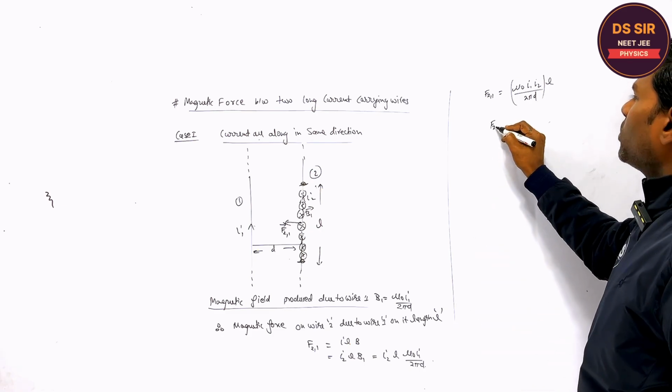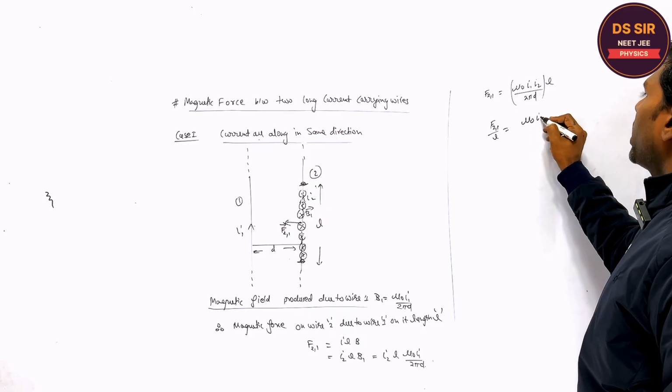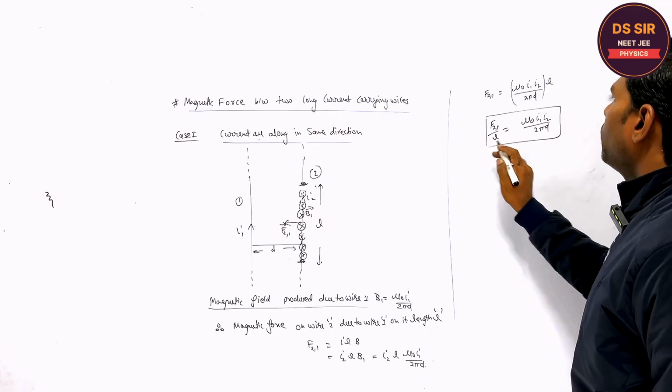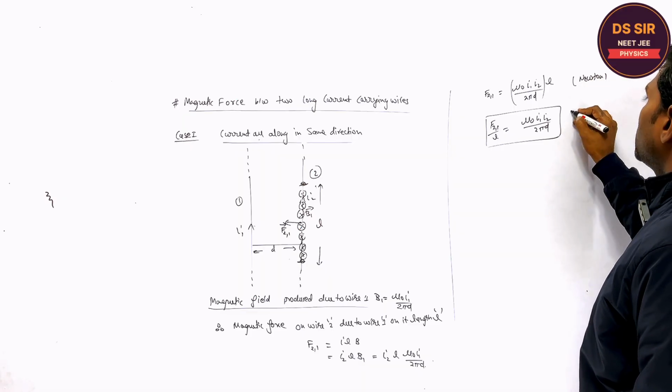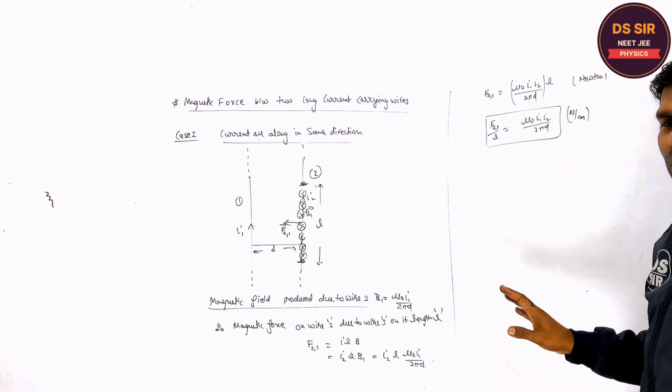Rather, if you divide this force by L, you get mu naught I1 I2 upon 2 pi d, which is in Newton per meter.